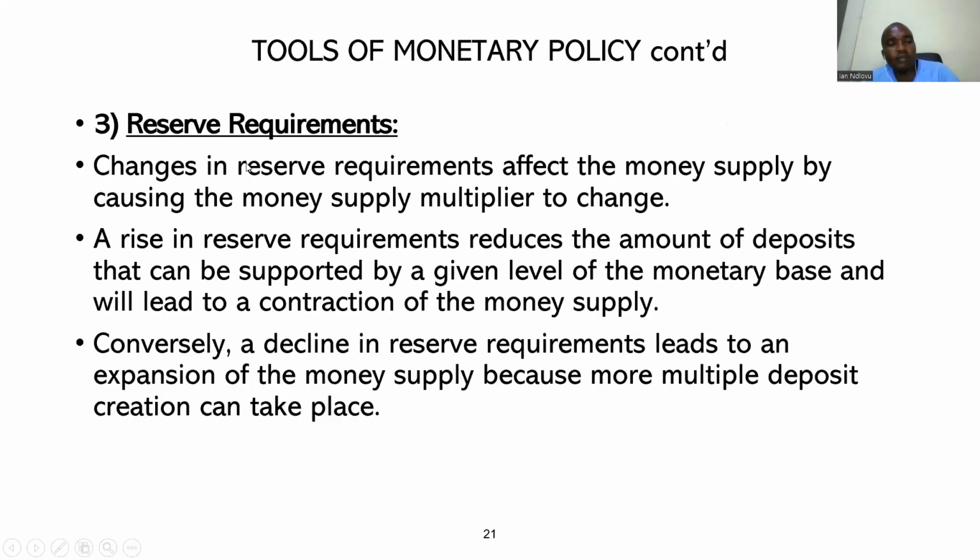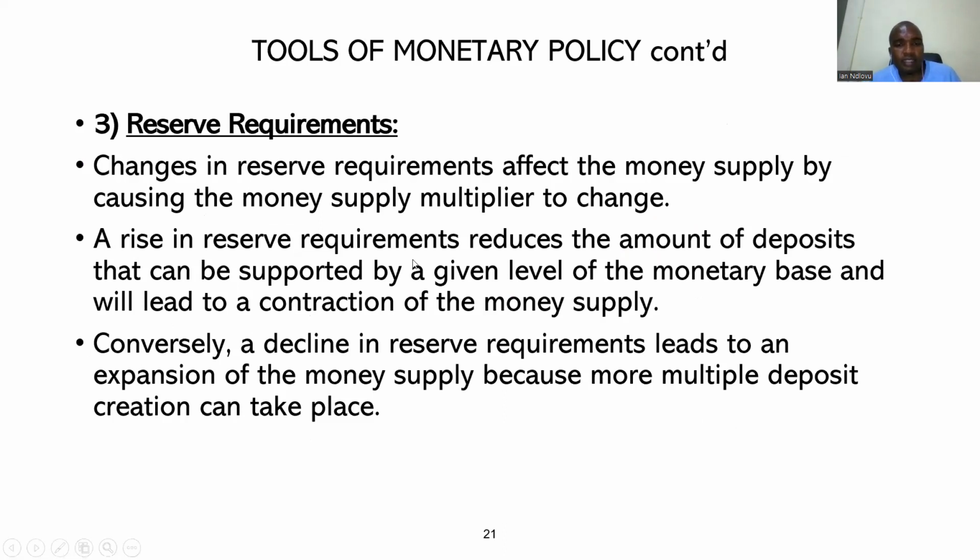The reserves requirements. This involves changing the reserve requirements, which affects money supply by causing the money supply multiplier to change. This can be readily seen when you examine the credit creation multiplier.